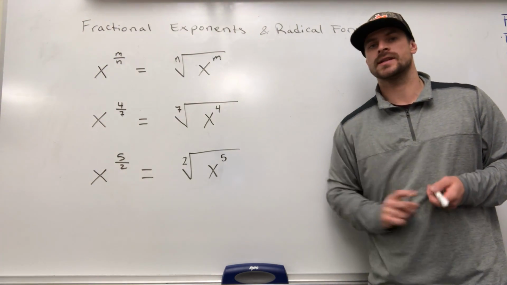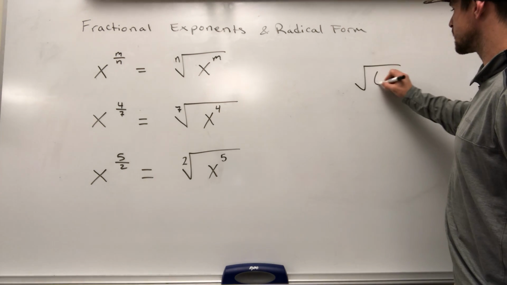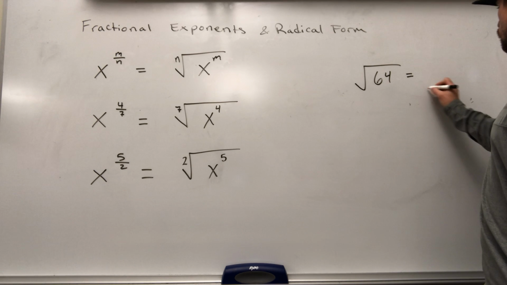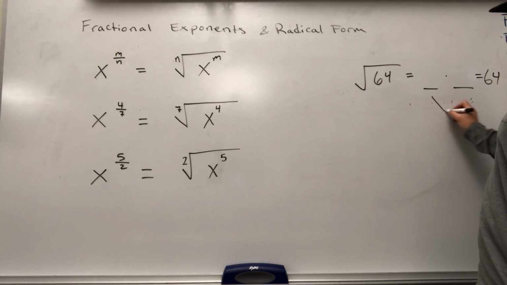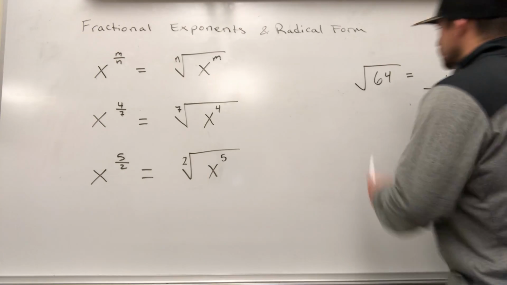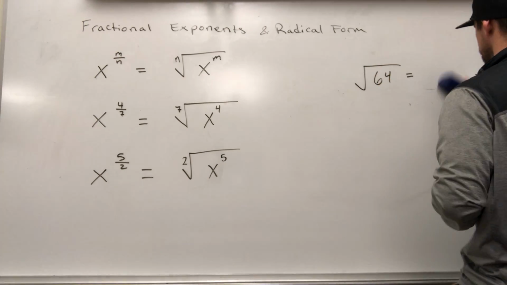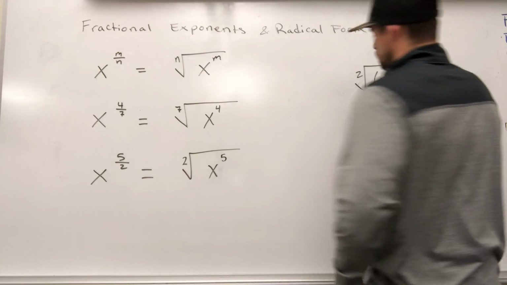Now, one thing you need to understand is this. Square roots. If I were to say the square root of 64, all that means is what number times itself equals 64, okay? And that's because we're talking about 2 values being multiplied together. So when we have no number there, we're actually talking about a square root, 2, okay?